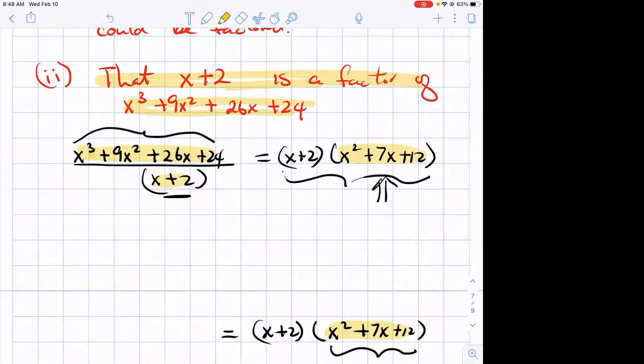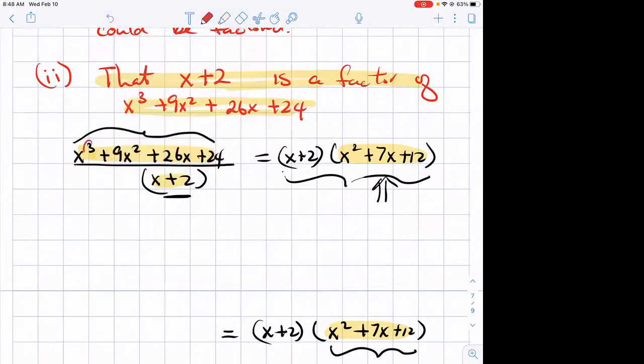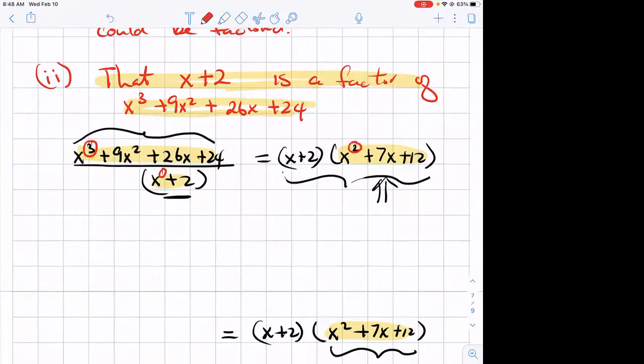Every time you perform long division, the dividend degree decreases. So if you're dividing a cubic by a 1 degree, your answer will be x squared. So the degree decreases always.